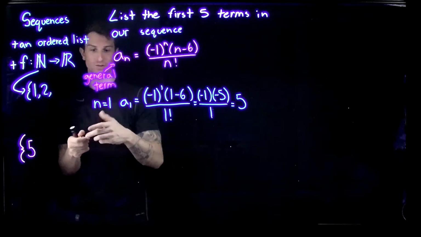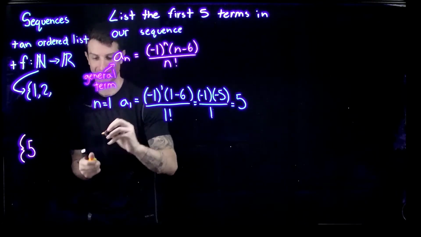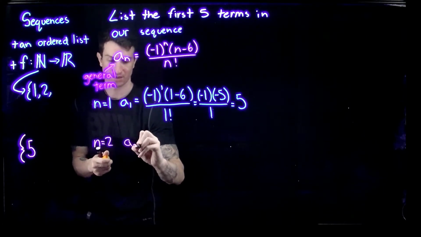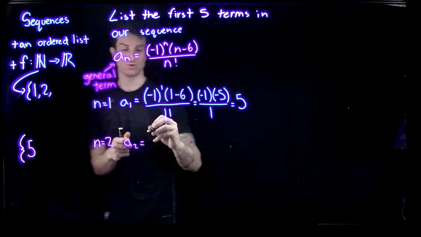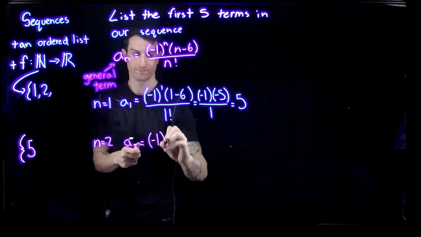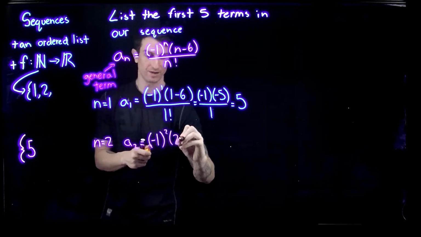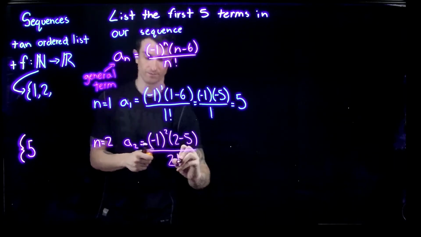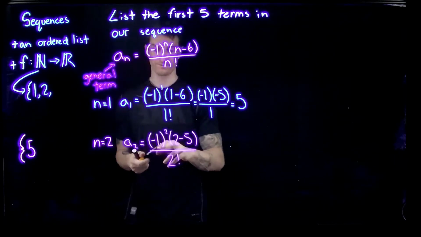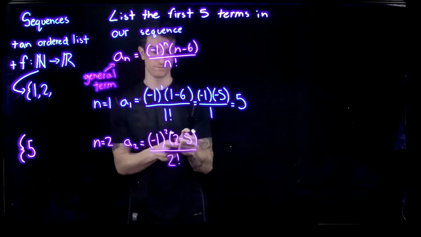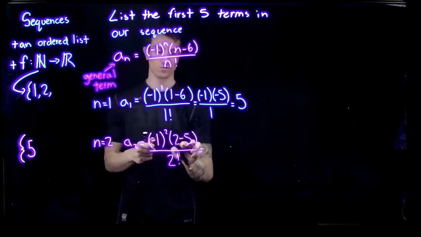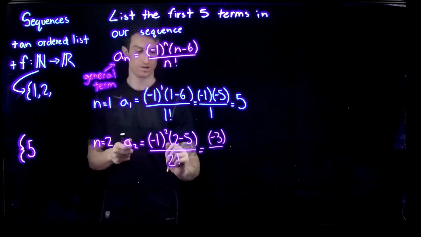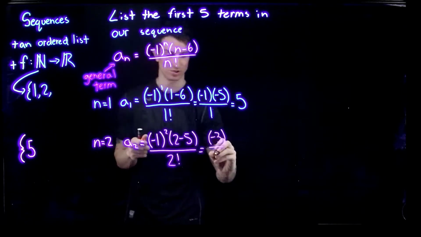Okay, we'll move on to our next one, going in order. So what's in our second position? Well, that's when n is equal to 2. It gives us our second term in our sequence, and again, we're just plugging in 2 for n. 2 minus 6, all over 2 factorial. -1 squared is +1, so I don't need to write +1. 2 minus 6 is -4, all over 2 factorial, which is 2 times 1, or just 2.